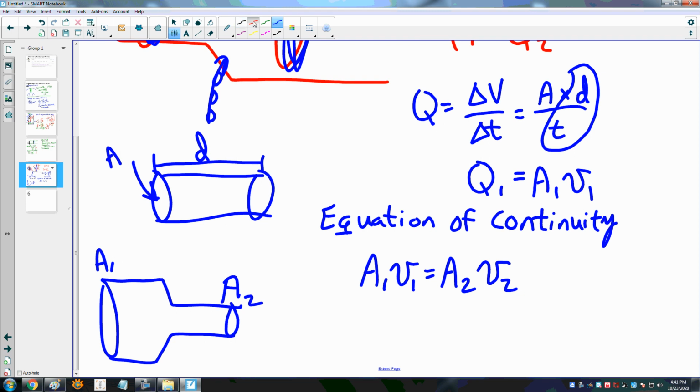Well, if A2 gets small, that means that V2 has to get big because this value is always constant. The product of A and V will always be the same. So if I decrease A2, like if it gets a bit smaller as it does here, I start out with a small V and then I get a big V. And in one of the simulations, you'll see how that works out. So that's called the equation of continuity. It's a really important equation.